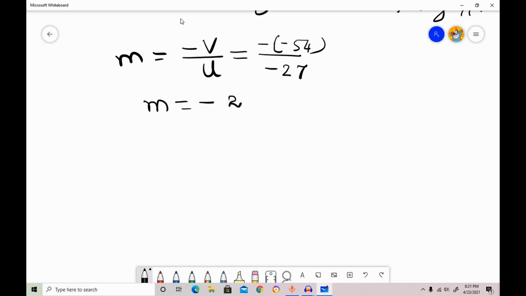So minus 2 means it is inverted, that is, it is below the principal axis. And what is the m value? It is 2. It indicates that the size of the image is enlarged compared to the object size.